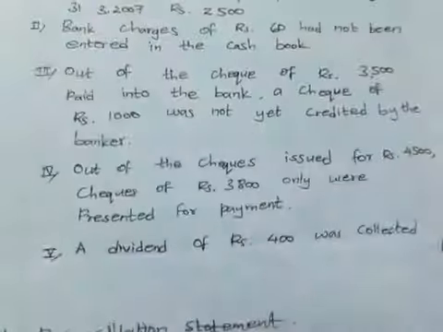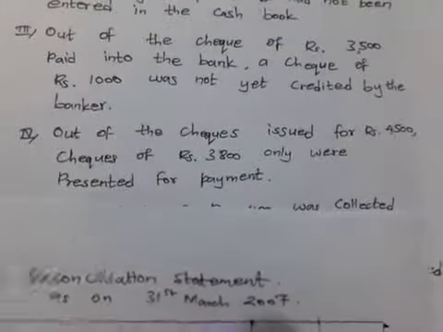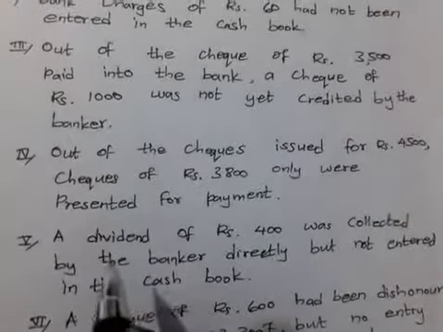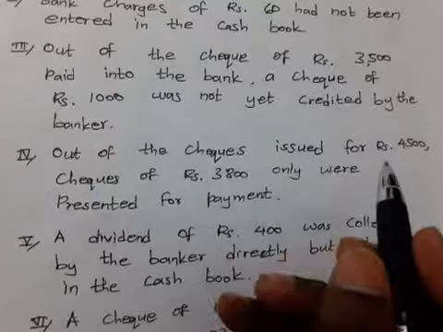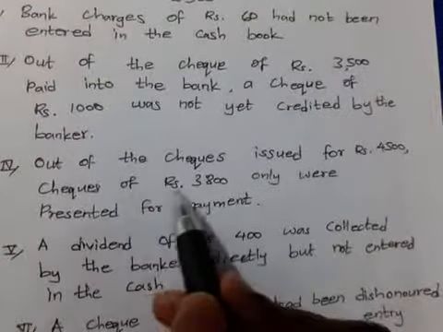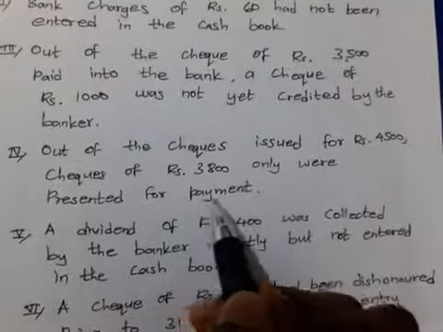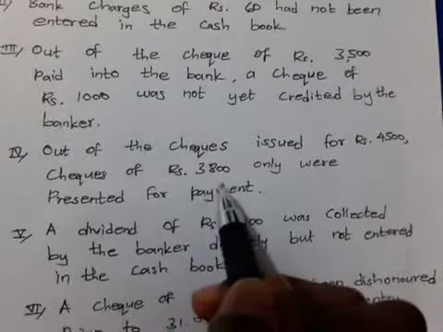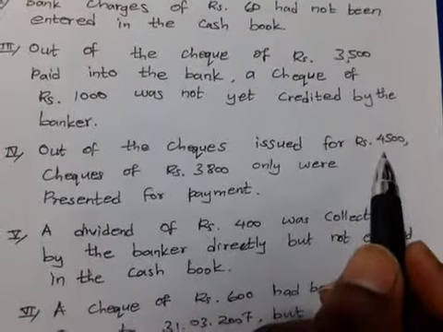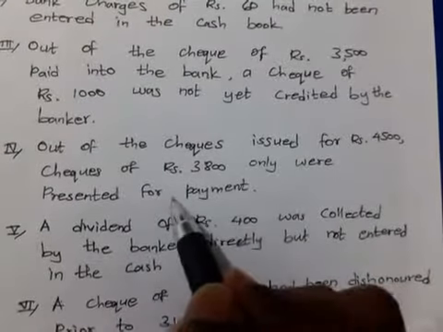Next, record. Out of the checks issued for rupees 4,500, checks of rupees 3,800 only were presented for payment. So in this case we have issued 4,500, but the 3,800 only were presented for payment.